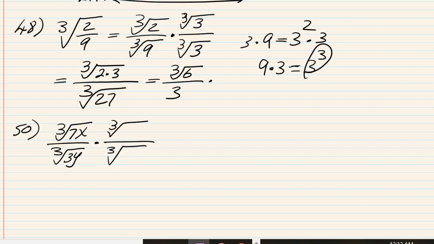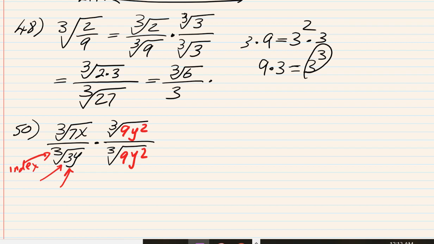I have a single 3 here. I need 2 more 3s, don't I? Means multiply by 9. That will give me 27, and that's a perfect cube. On the variable side, we only have a single y, because the index is 3. That means I need 2 more y's.